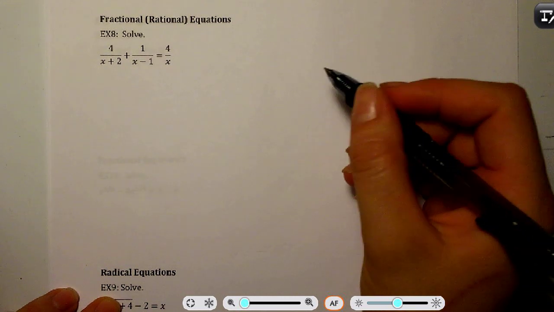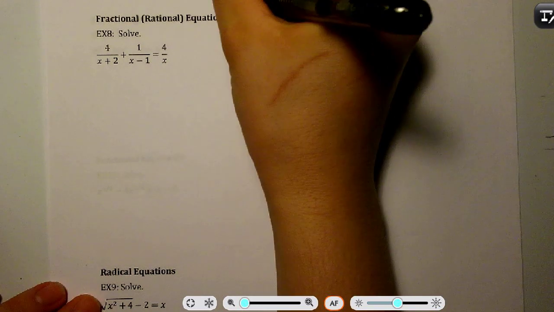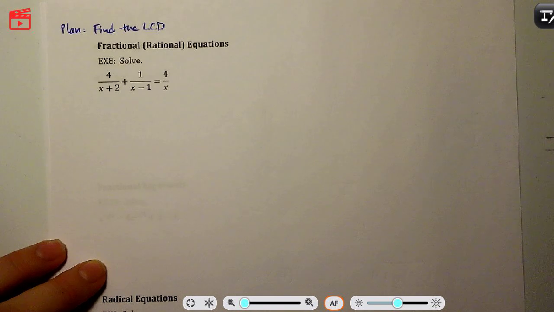Okay, we're going to use the lowest common denominator and then multiply across to cancel out the denominators. Okay, so plan. Stick to the plan. The plan, find the LCD, not the princess, the LCD.